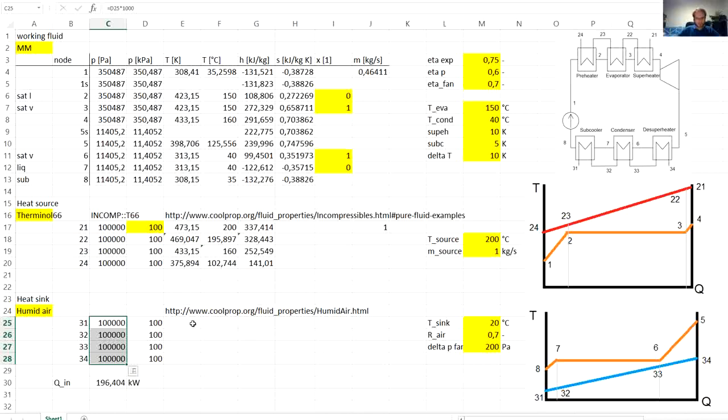So it's at the point 31, where the temperature is this 20 degrees C, and the respective temperature in kelvins.